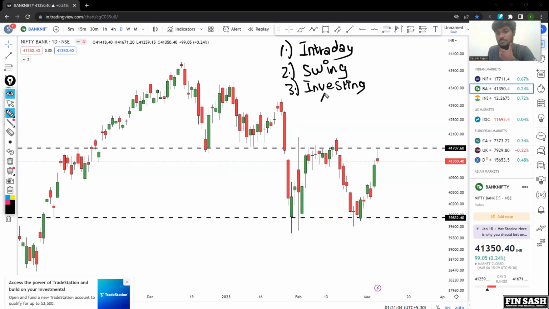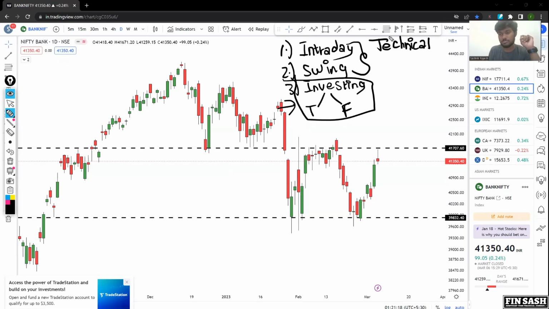For this, you need to know technical analysis and fundamental analysis. I'll make a video on this too. But for now, this is what we're focusing on. Here, we will just be using technical analysis and maybe some option reading kind of thing. But yeah, mostly technical analysis, right?